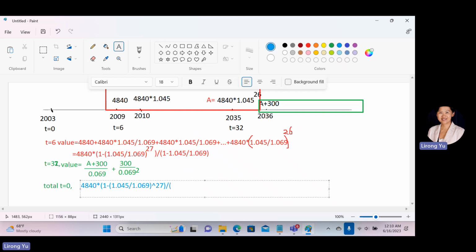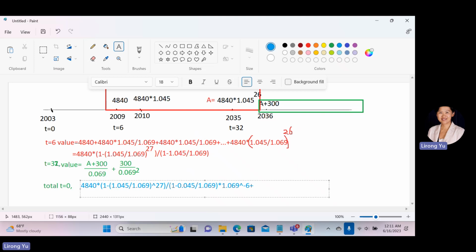This is divided by 1 minus 1.045 over 1.069. And then we discount with the negative power, it's times 1.069. This is the t equal to 6 value, so we raise to the power of -6.